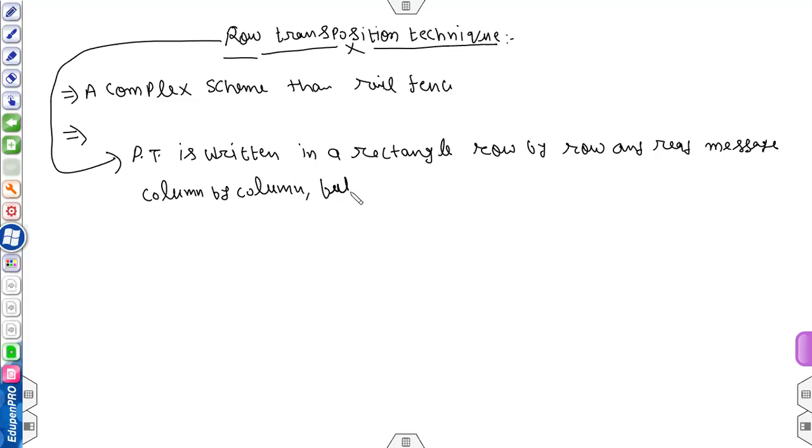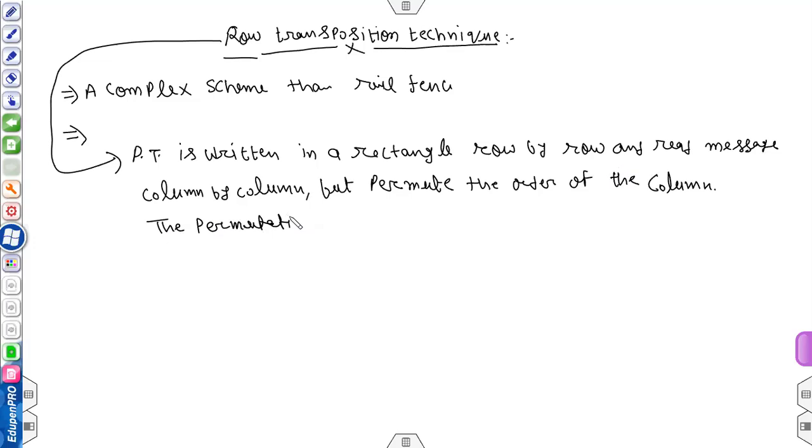But we permute, because we use permutation of the ordering here, so we permute the order of the columns, and this permutation of the column order becomes the key now.